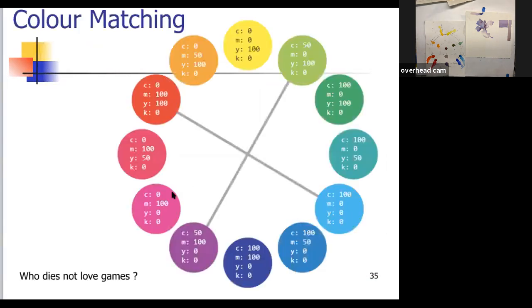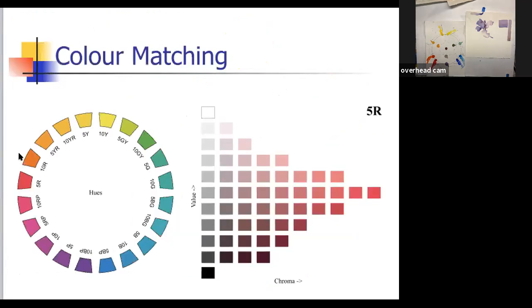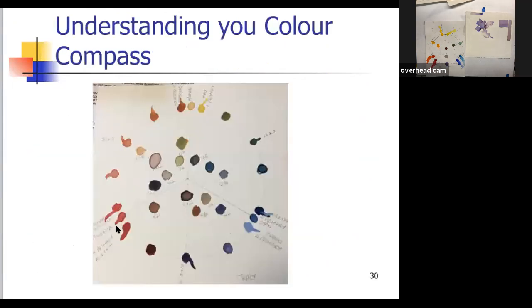In our color wheel here, we know the complementary or contrasting color of orange is blue. Let's go to the color wheels that we made. The contrasting color of red is green. It's the opposite.